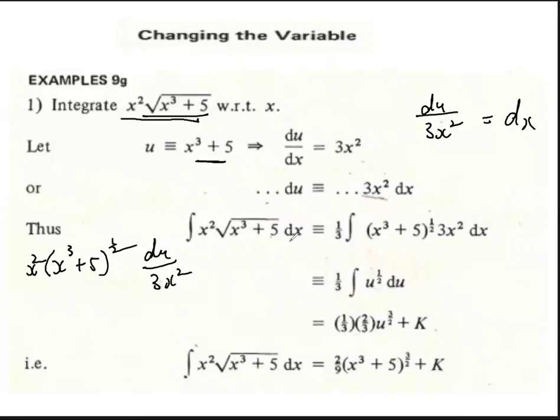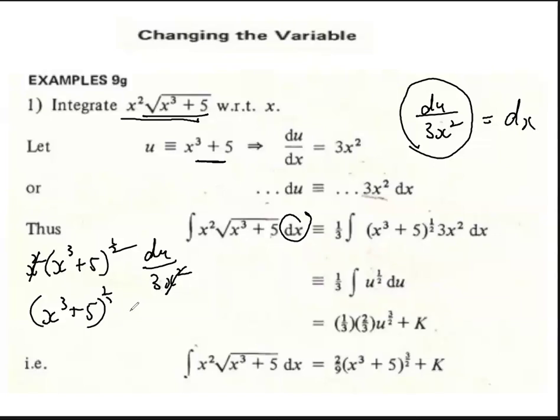So they're writing back this expression, where you see dx here, they're putting this, right? And what they usually do, they'll cancel this x squared, they'll cancel that x squared. And this expression becomes x cubed plus 5 to the half power du over 3.